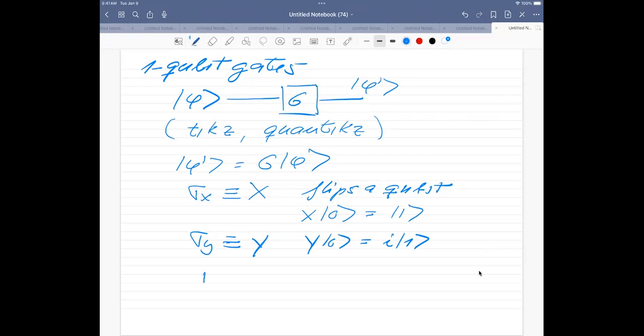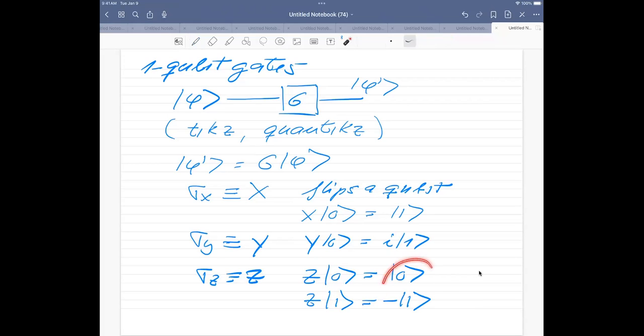And then we have the sigma z, which is a fundamental one. And we know that z acting on 0 just gives back 0, and z acting on 1 gives us minus 1. So what we say then, if we have 0 and 1 as our computational basis, then we know that the z gate has these as eigenpairs, with eigenvalue plus 1 for 0 and minus 1 for 1.